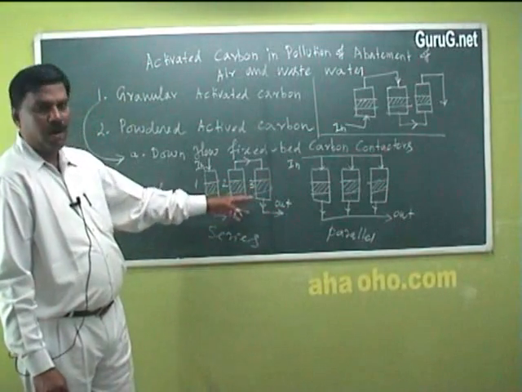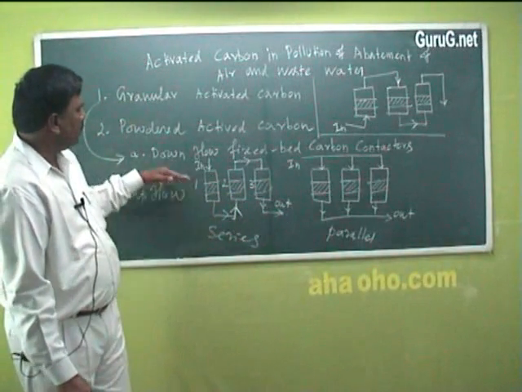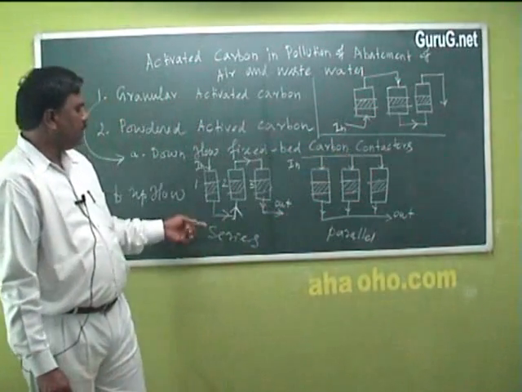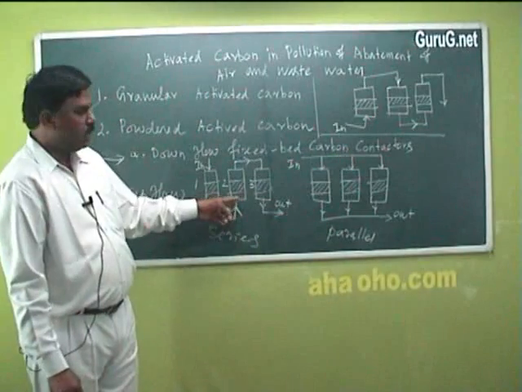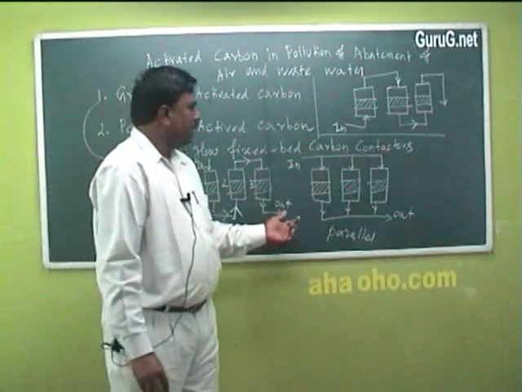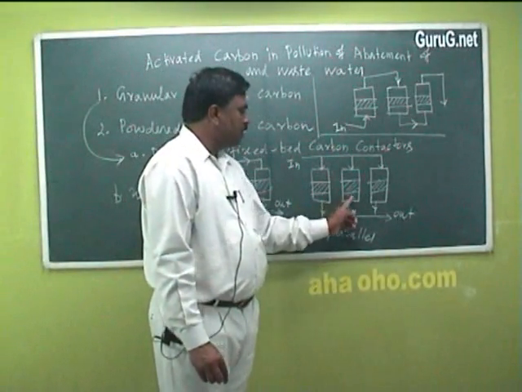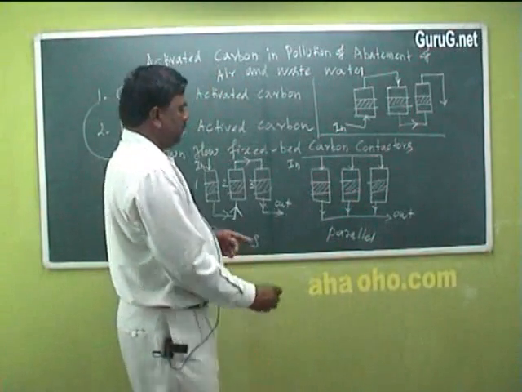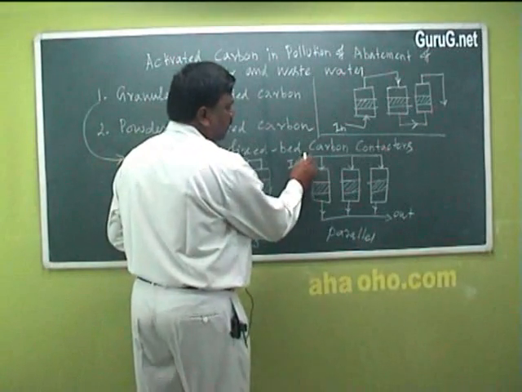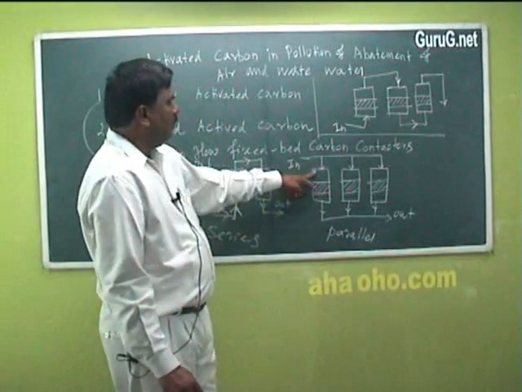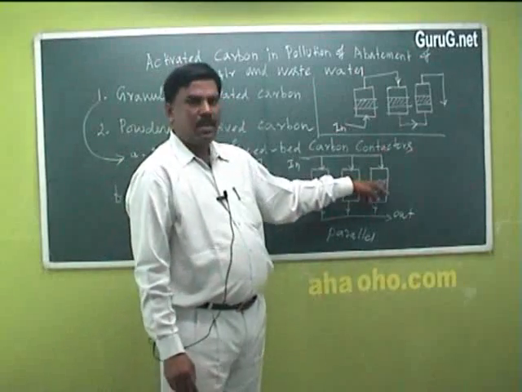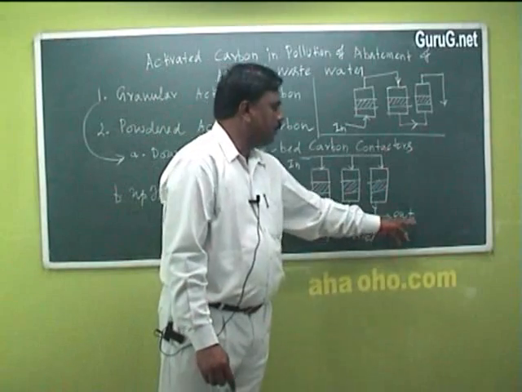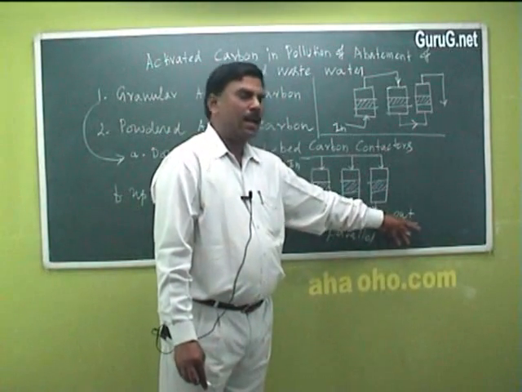This is the downflow fixed bed contactor, with three columns placed in series. In parallel, the three columns are present side by side, and the water or air goes into the first, second and third columns parallelly, and comes out combined together as purified water or air.